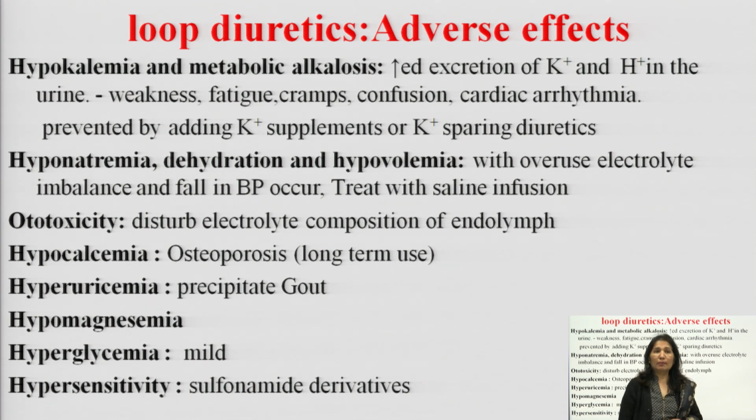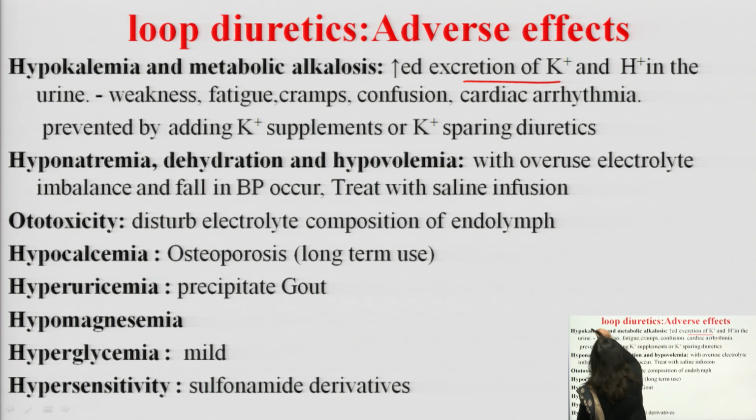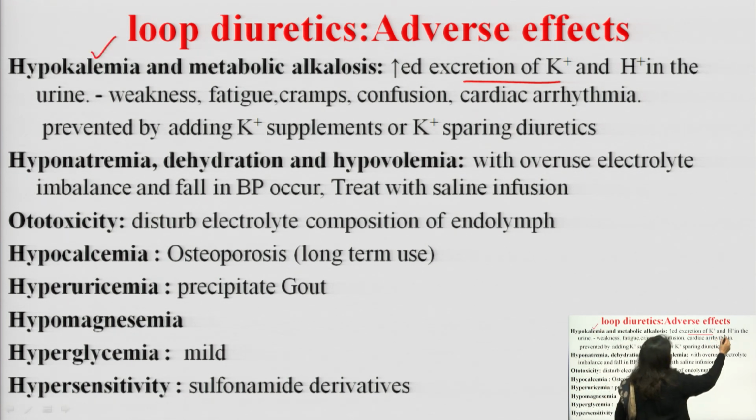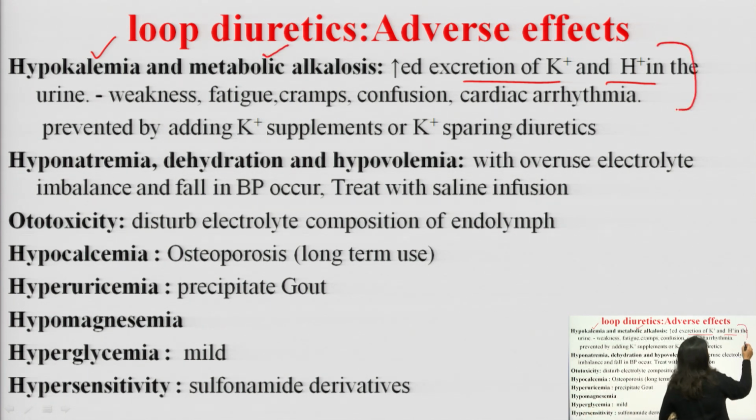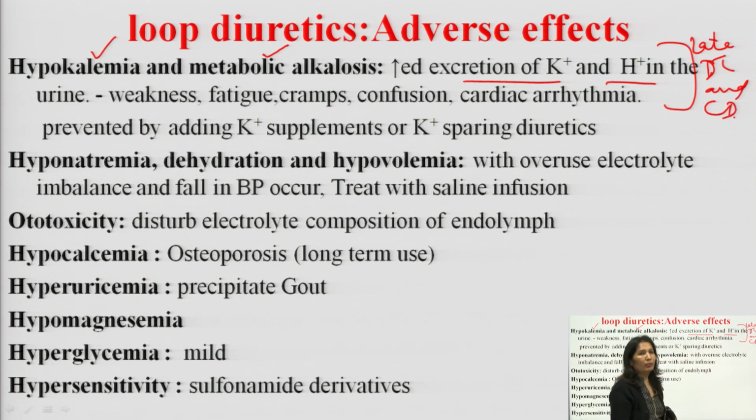They cause hypokalemia because increased excretion of potassium ion causes hypokalemia, and increased excretion of hydrogen ion results in metabolic alkalosis at the late DT and collecting duct in exchange for potassium.